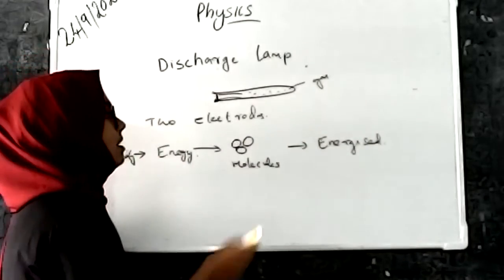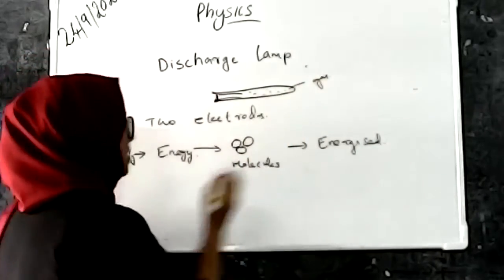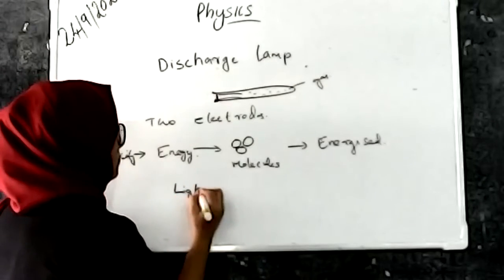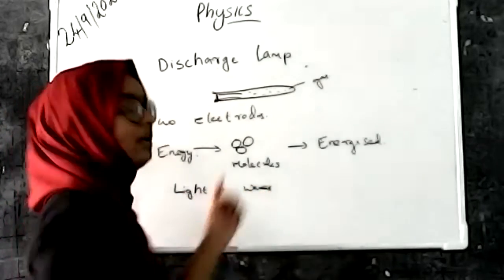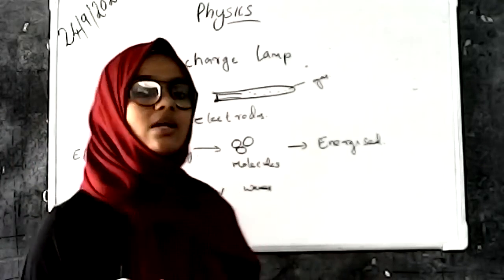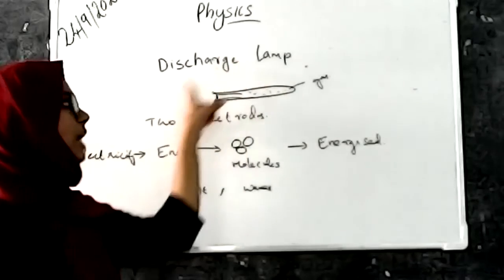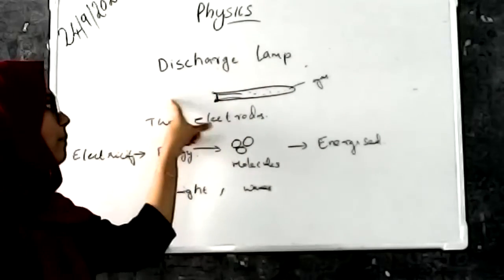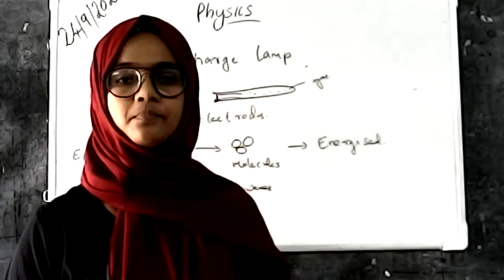And at that time, the molecules radiate light and other waves. That radiated light is the white light coming from a discharge lamp. Based on the amount of electricity, the amount of radiated light becomes higher.